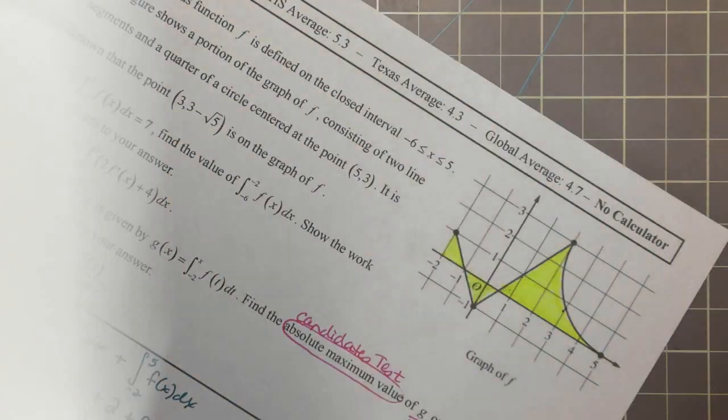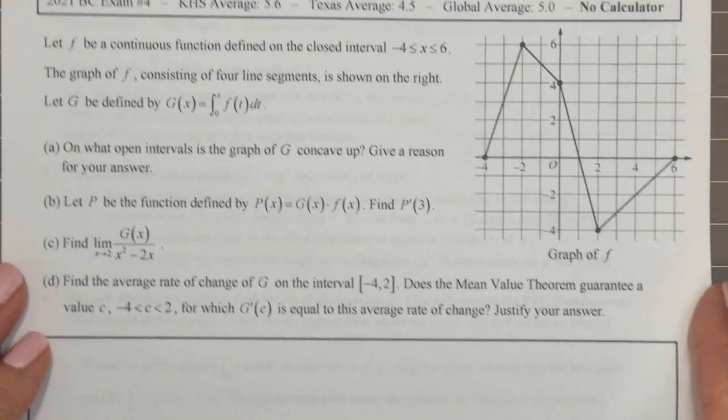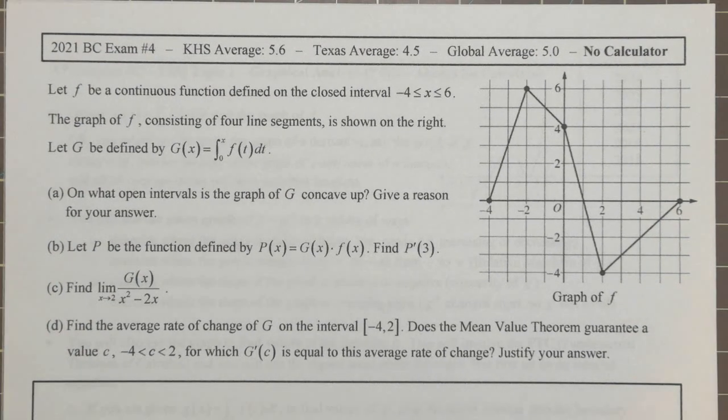All right, next up, let's take a look at the problem from 2021. Even when we had the 2020 exam, that was the COVID year where everything was online, even on that one they had a problem involving these questions.